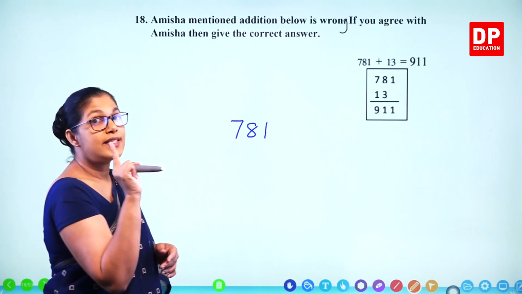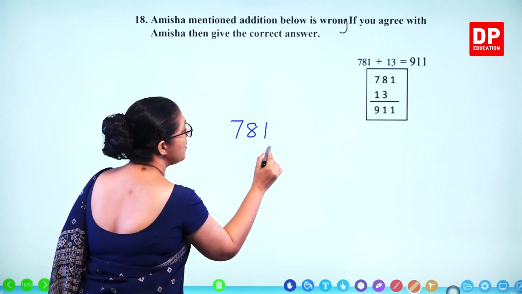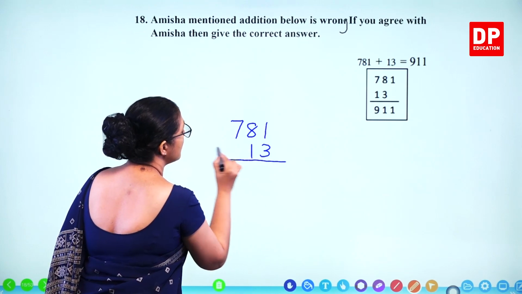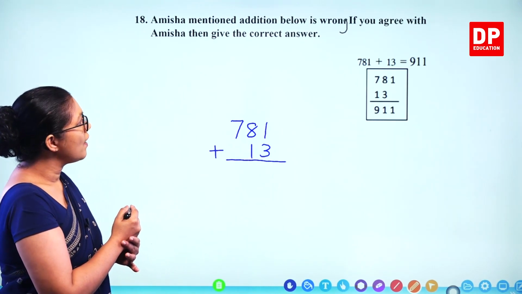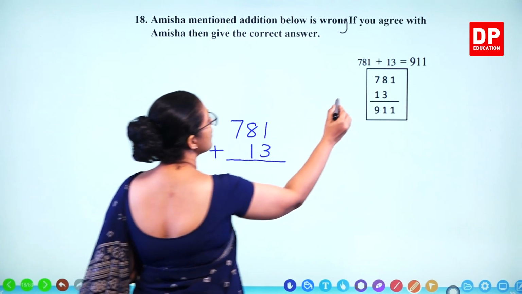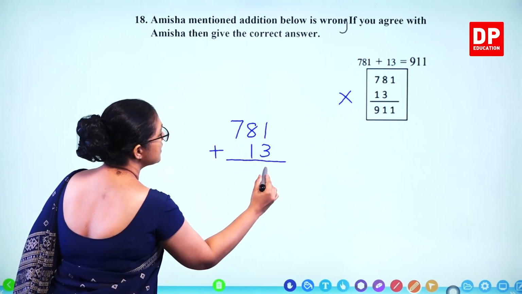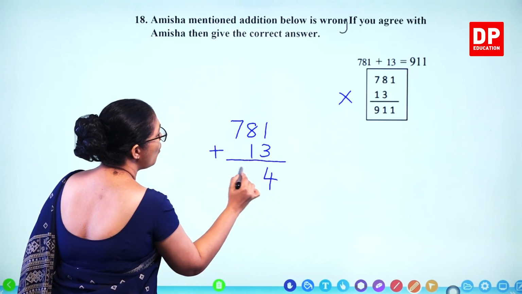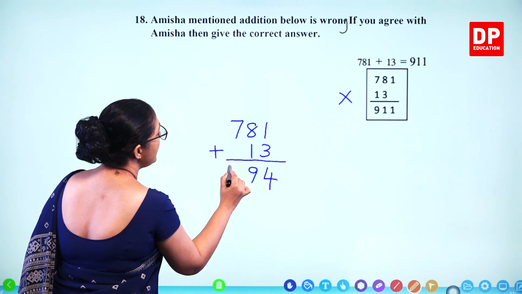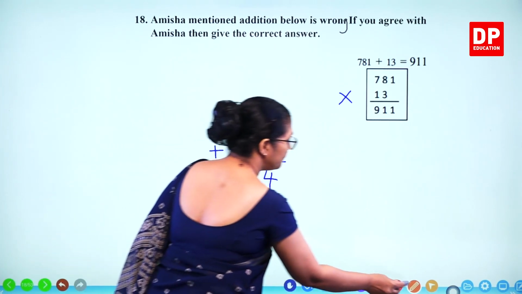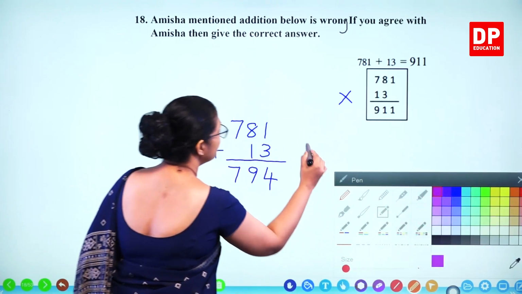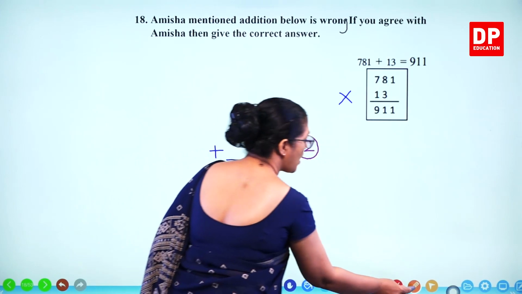Here, when you are writing, 3 should be in the units place. So this should be the correct way of adding. So that's wrong. So what's the correct way? 3 plus 1, 4. 8 plus 1, 9. 7. 794. You get 2 marks.